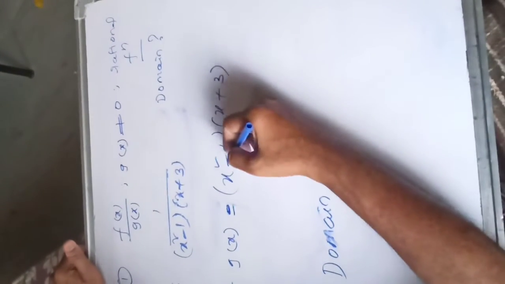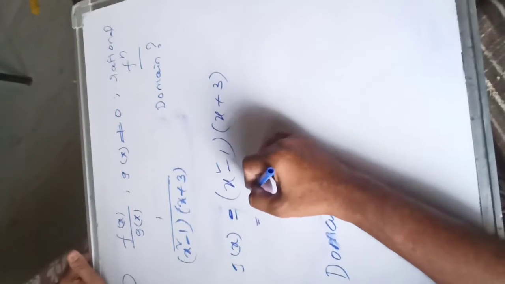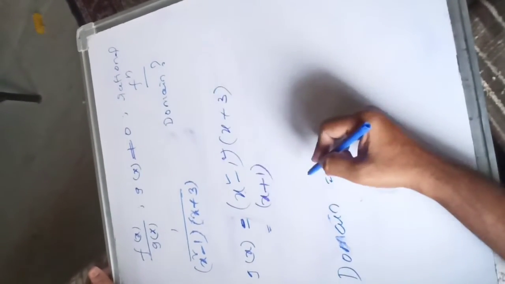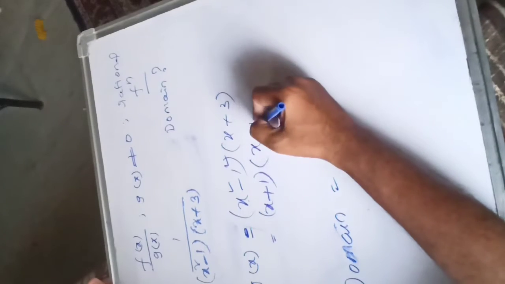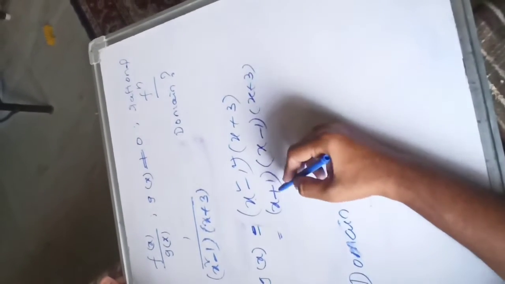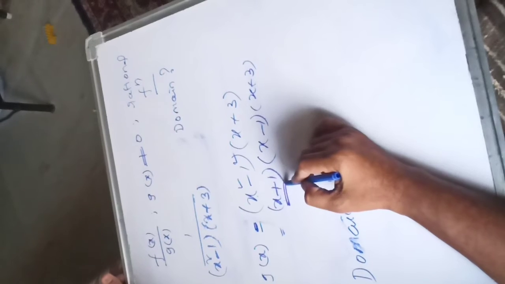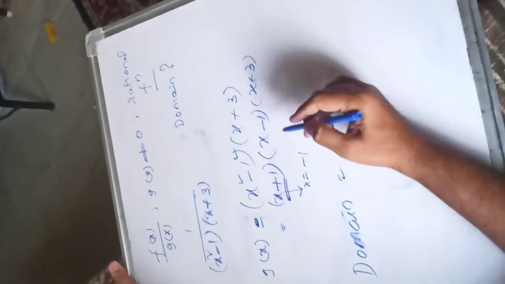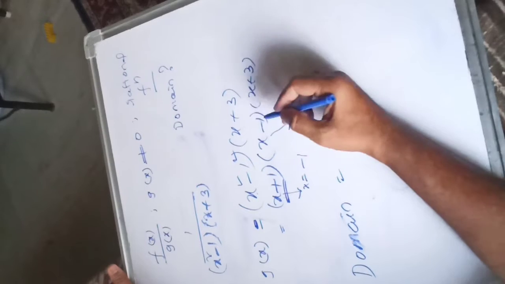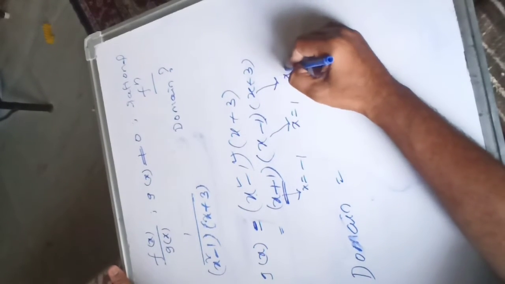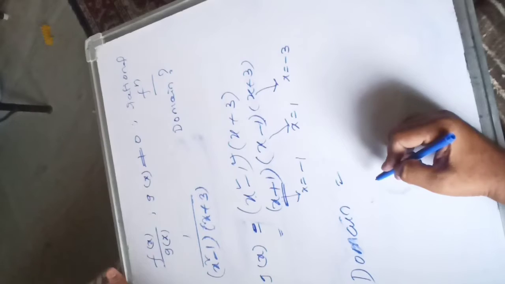Okay, so in x square minus 1, that is a square minus b square, a plus b into a minus b, into x plus 3. So g of x becomes 0 when x is equal to minus 1, when x is equal to 1, and when x is equal to minus 3.